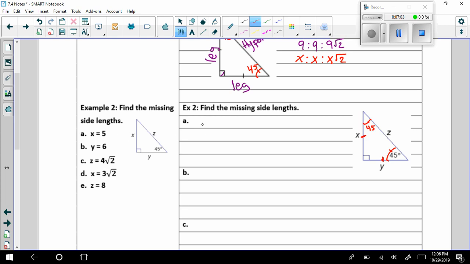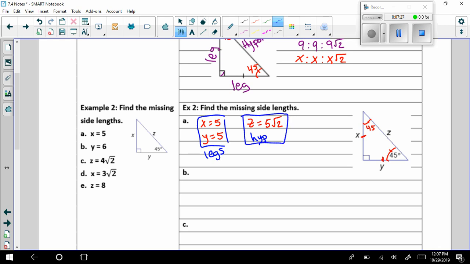So here, if x equals 5, then y is equal to 5, and z would automatically equal 5 square root 2. Because these are your legs, so they have to be even, and this is your hypotenuse. So it's times the square root of 2.